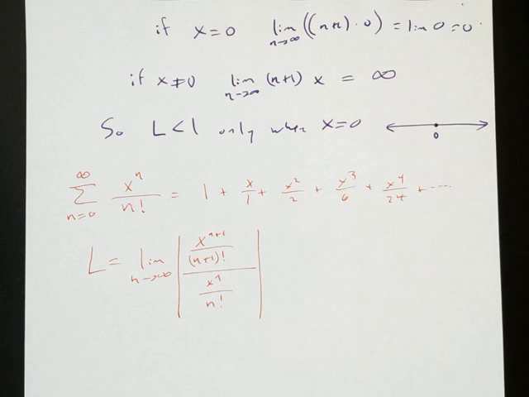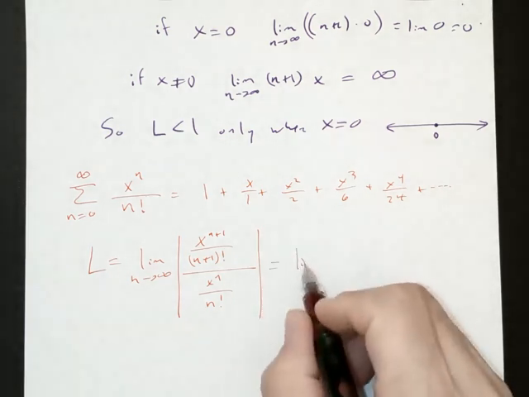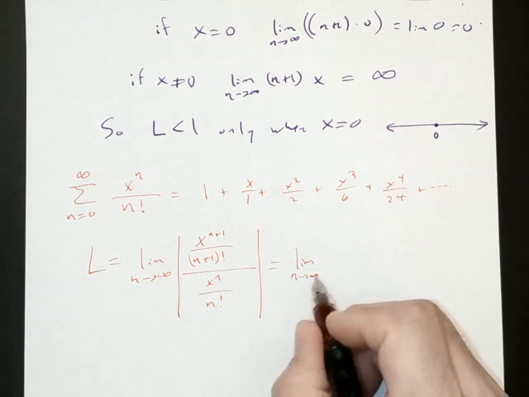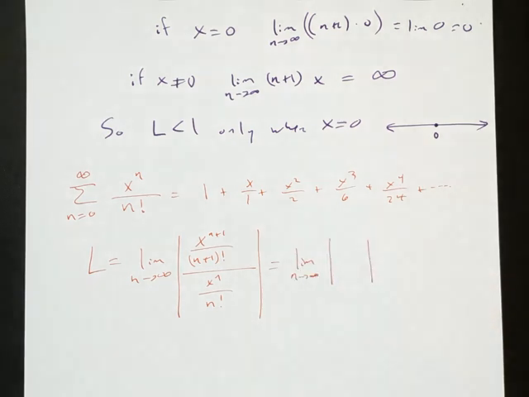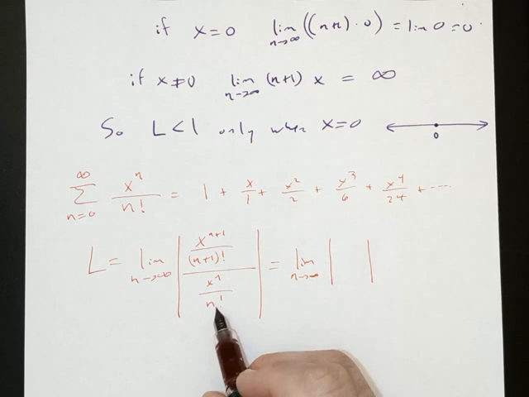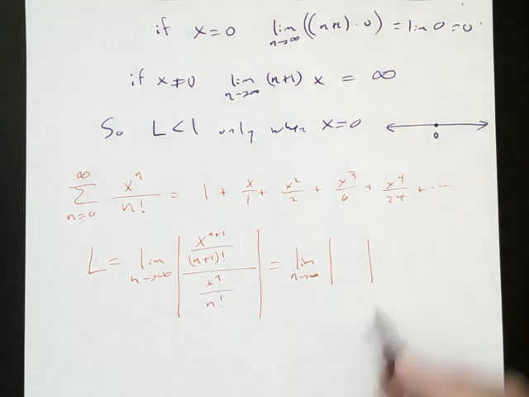What happens this time when you do your algebraic simplification? Almost. The n plus 1 factorial and the n factorial cancel, and all I left behind is an n plus 1. And it's on the bottom.